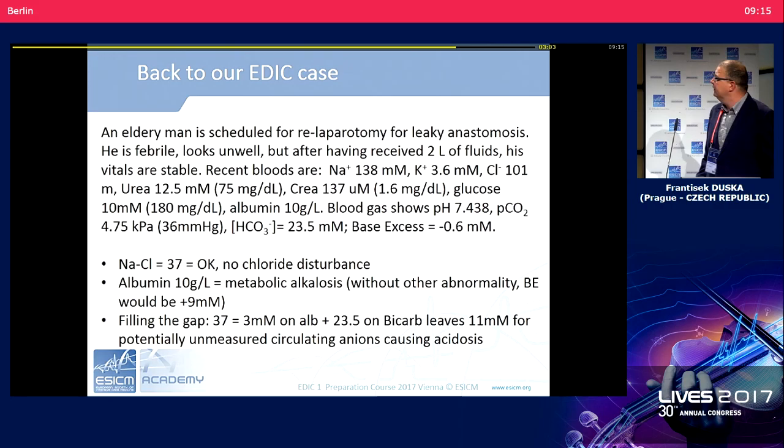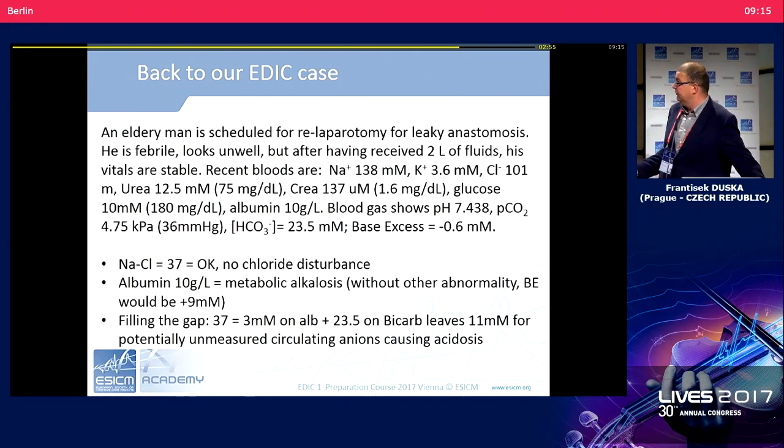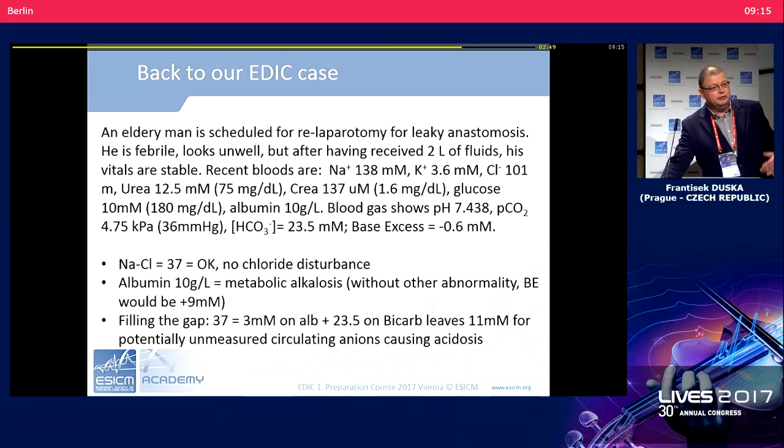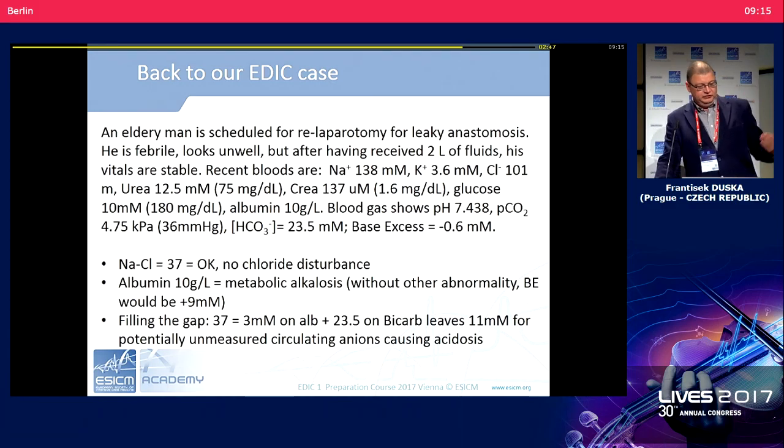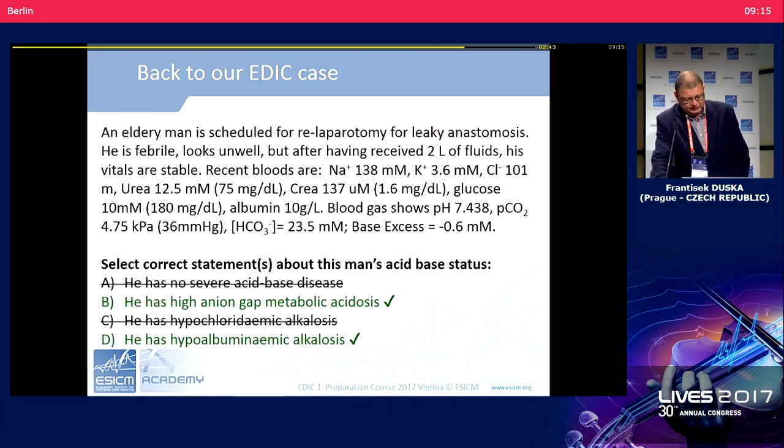And then if you fill the gap, if you calculated the 37 sodium chloride difference to be filled with negative charges, you realize that there is 11 millimoles missing. So this 11 millimoles represent a space for potentially circulating anion. And indeed, in such a sick patient, it is probably lactate. So here are the answers, which are self-evident.